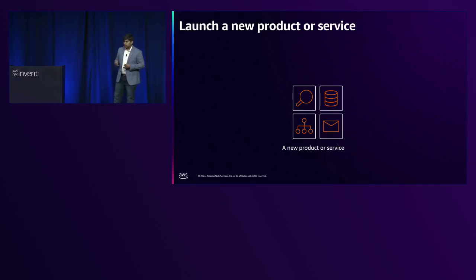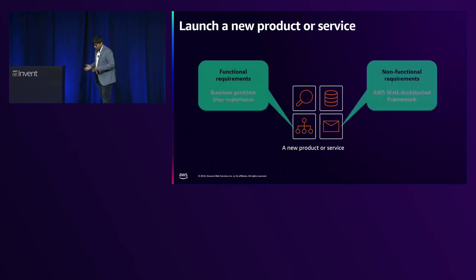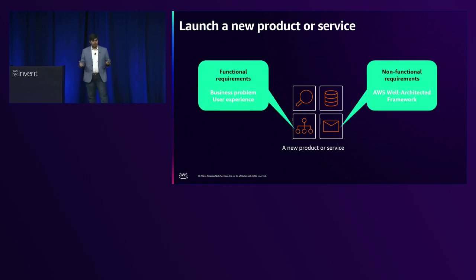When we talk about a new product or service, generally any application will have a combination of both functional requirements, which talk about what is the end user problem you're trying to solve, what the user experience is going to look like, and what value add you're trying to deliver as part of this prototype.